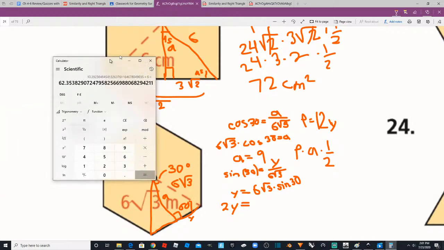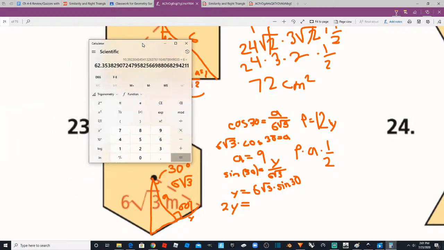So let's take this, and what I'm actually going to do, it's kind of not practical, but I'm going to just write 6 root 3 times cos 30 all out. Because we may not get to a nice answer like 9 later on. So we have this as our perimeter.